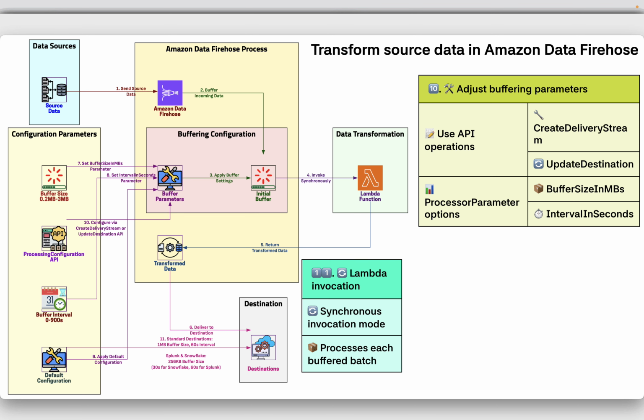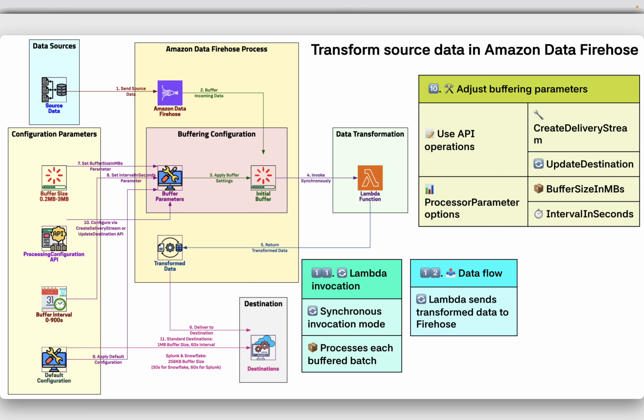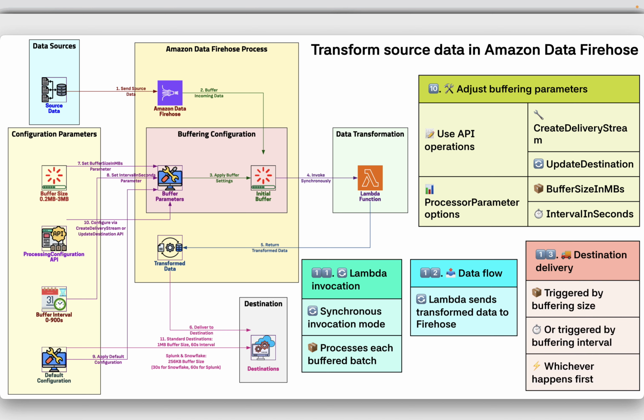Firehose then invokes the specified Lambda function synchronously with each buffered batch using the AWS Lambda synchronous invocation mode. The transformed data is sent from Lambda to Firehose. Firehose then sends it to the destination when the specified destination buffering size or buffering interval is reached, whichever happens first.